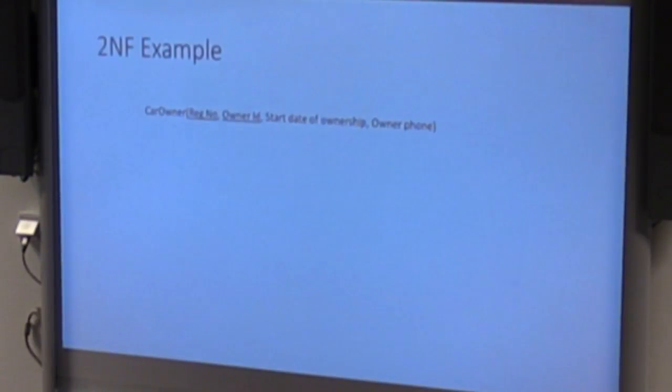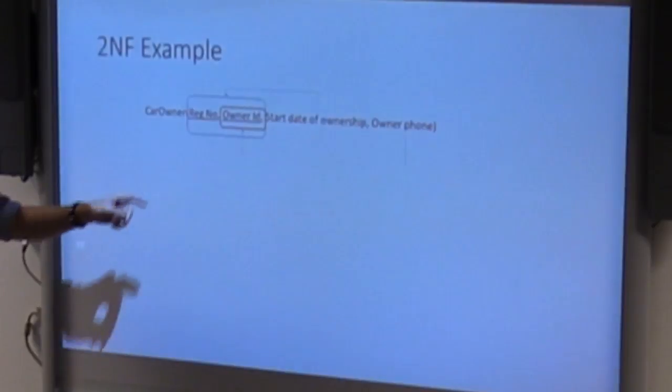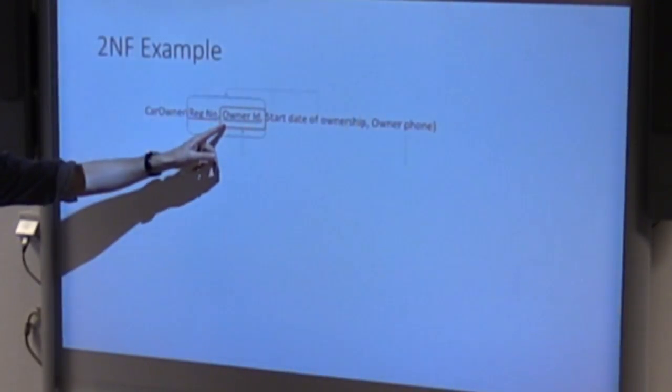But if you have a look at the last attribute, owner phone, is that functionally dependent on the entire key or just a part of it? It's only a part of it. Because the owner phone number is functionally dependent on the owner ID.